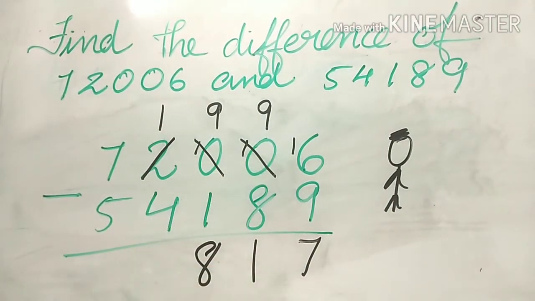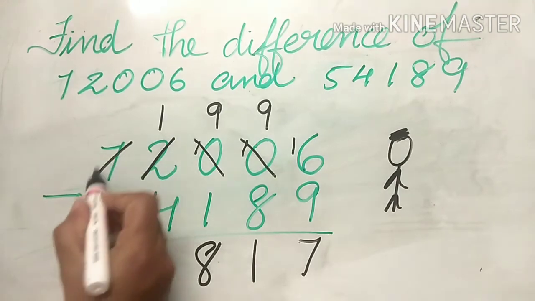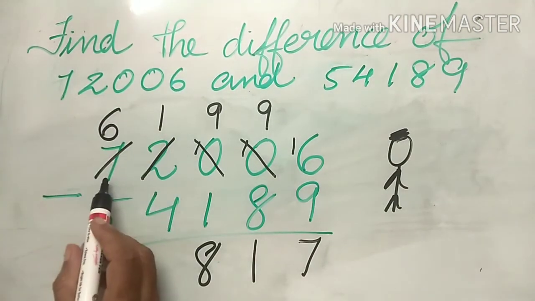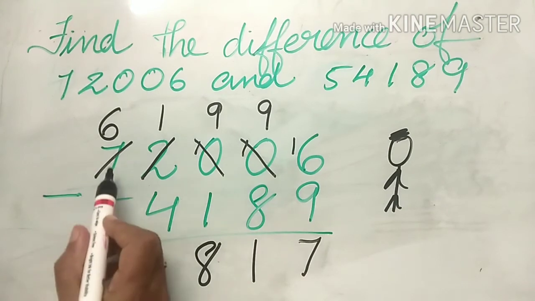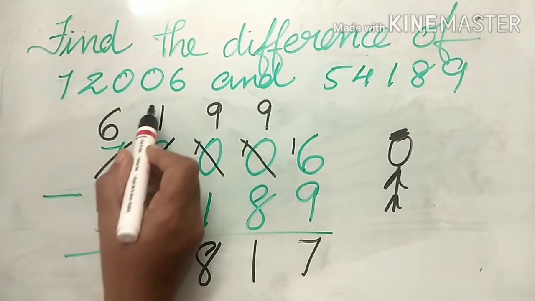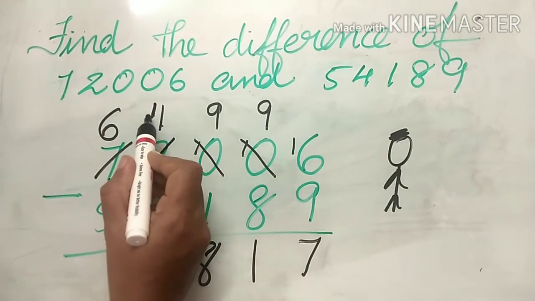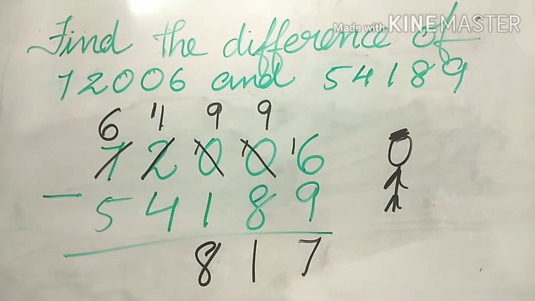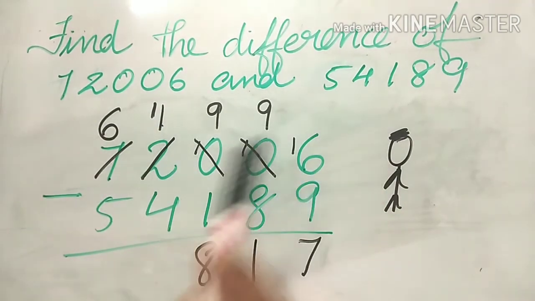1 minus 4. Is it possible? Again, it is not possible. So share with the next person. So this 7 becomes 6. 6 is the number just before 7. And this 7 gives 1 to this person. So this 1 becomes how much? 11. Now 11 in your mind.